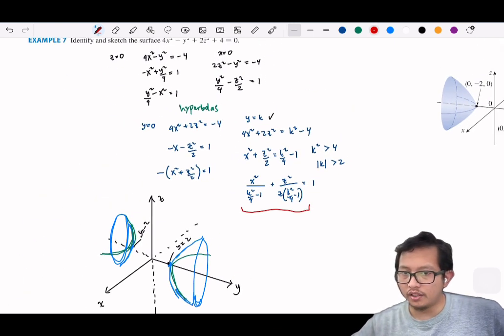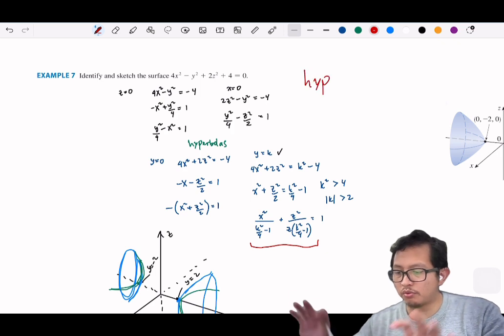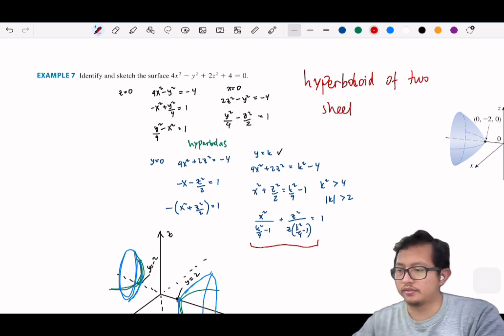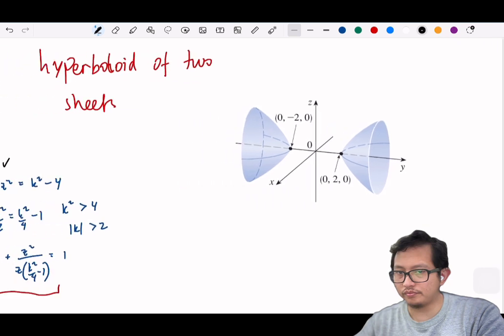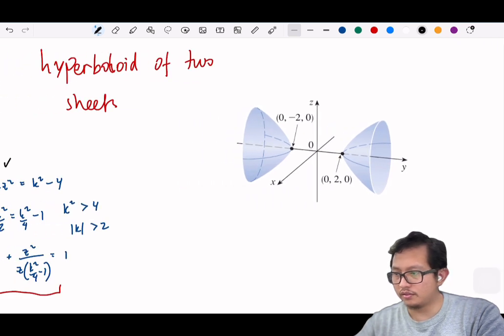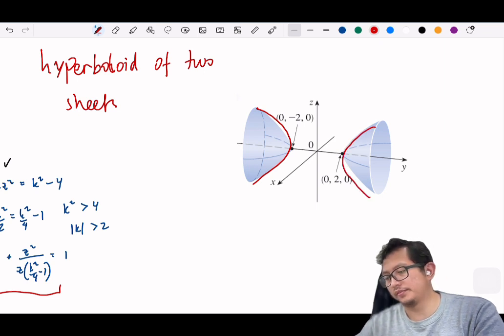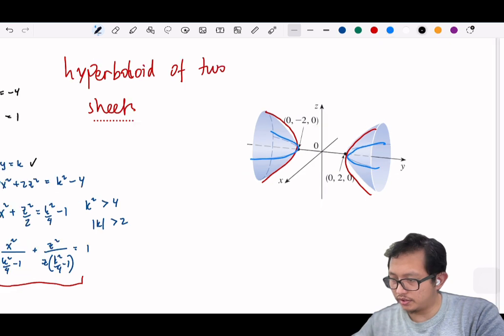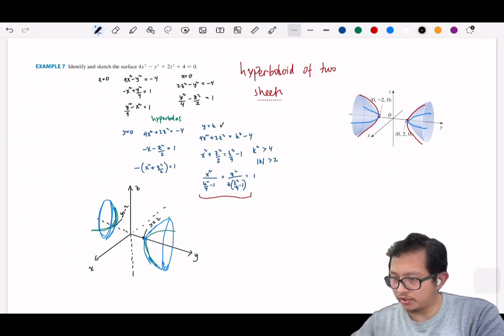Okay? Now these two bowls, we call the hyperboloid of two sheets. Okay, so this is how it looks. This is a hyperbola, and another hyperbola is this.